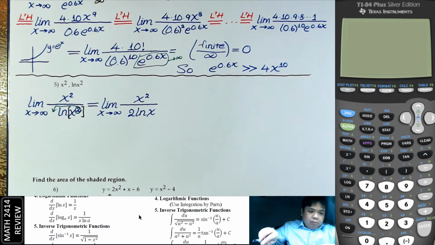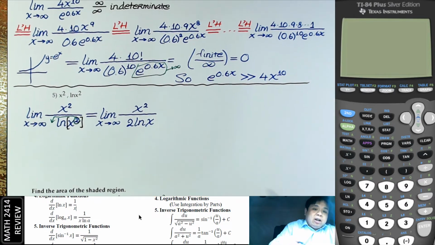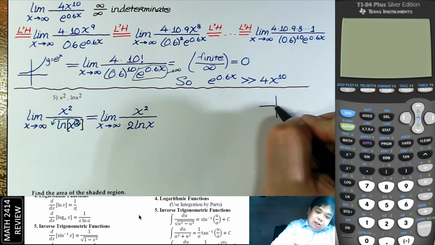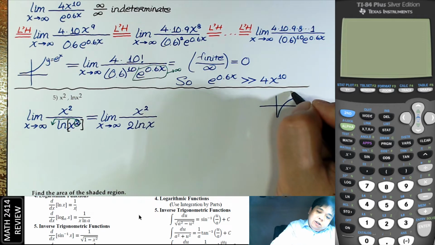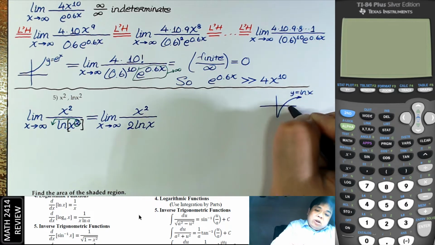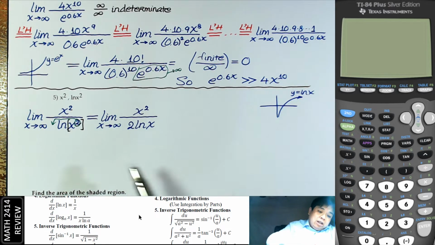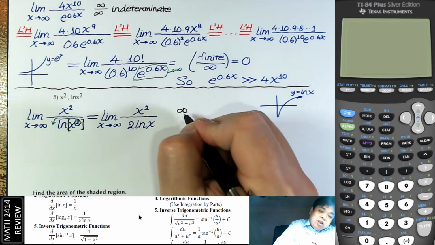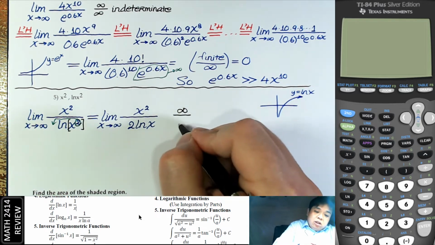Right, now ln of x, so this is e to the x, and ln of x will look like this. So when x go to infinity, that does go to infinity. So when x go to infinity, the top is infinity square, which is still infinity. The bottom ln of infinity, which is still infinity.